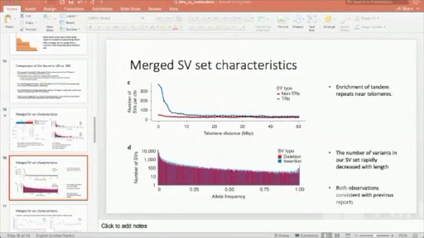As we see, the closer we get to telomeres, the number of SVs, either non-TR or TR, increases, although with the TR SVs it's a massive increase. And one of the interesting cases that we presented in this work was from a 10 repeat region as well. So that would be of high interest to us too. I would really look forward to seeing any of these sorts of studies from the Icelandic genomes.